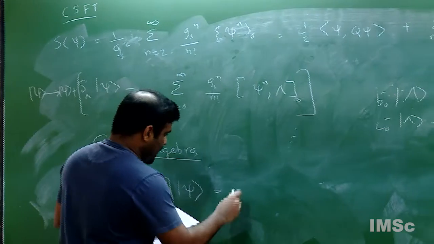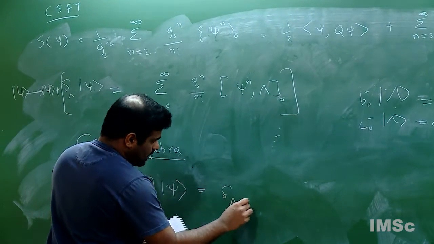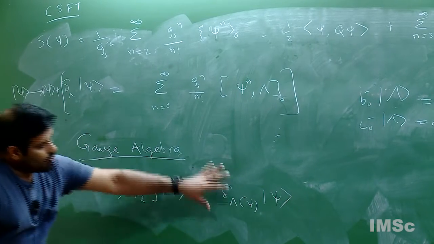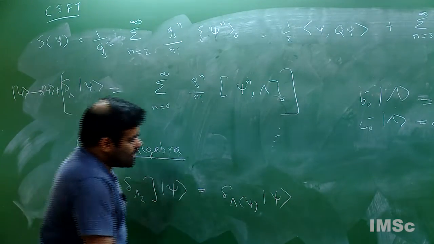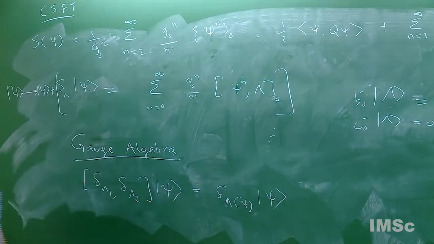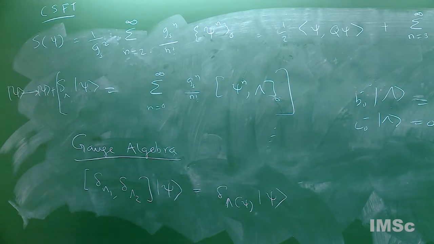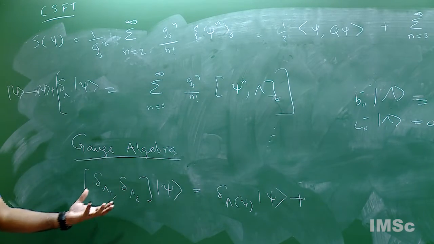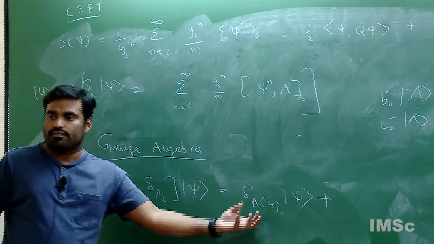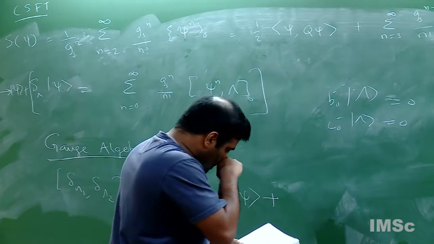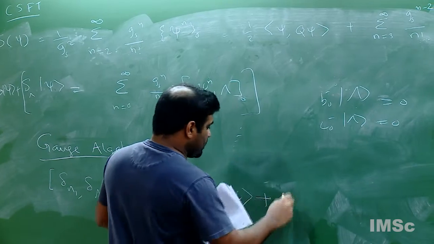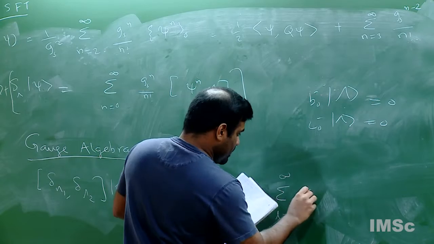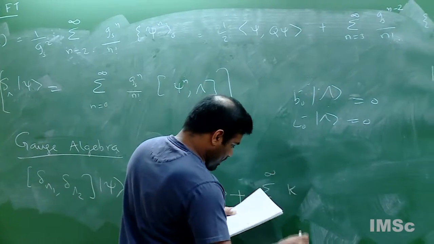One piece is again a gauge transformation, delta gamma psi acting on psi. I will explicitly write down what this is. Here one should note that the gauge parameter will start depending on a string field itself. So that's equivalent to saying that you have a gauge algebra where the structure constant is going to depend on the field itself. So it's not actually a constant. And then you have another piece where you have a field classical equation coming.